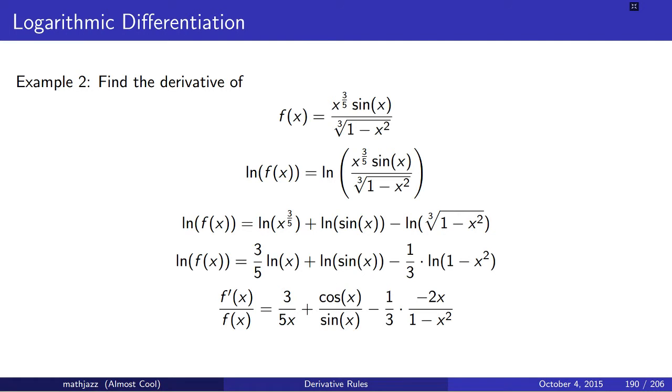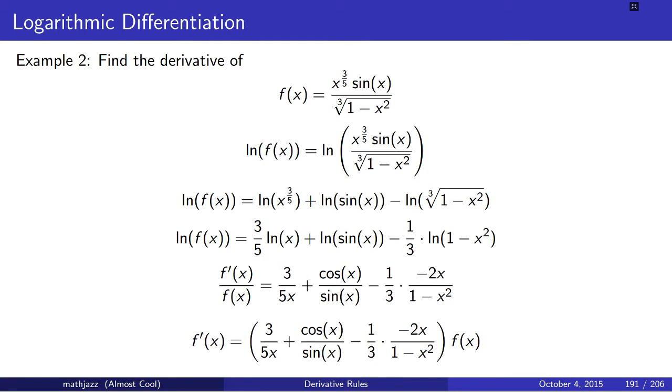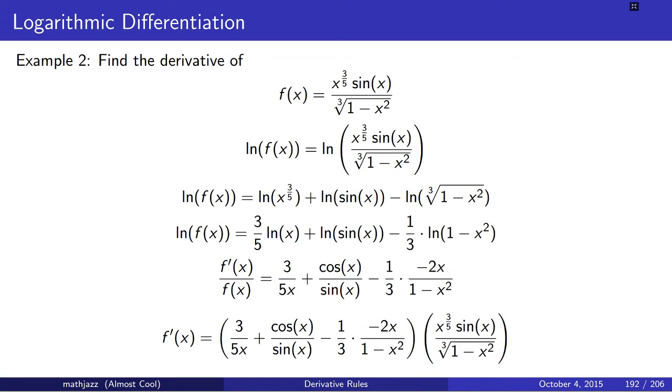F prime of x over f of x equals 3 over 5x plus cosine of x over sine x minus 1/3 times negative 2x over 1 minus x squared. We multiply on both sides of the equation by f of x, and when we substitute our original expression for f of x, we get this.